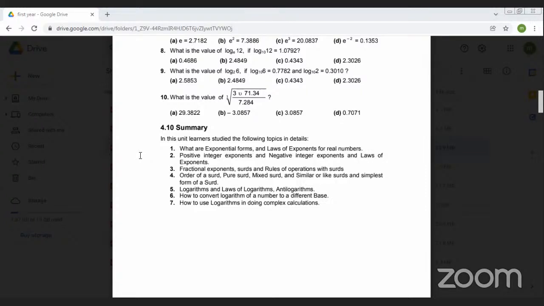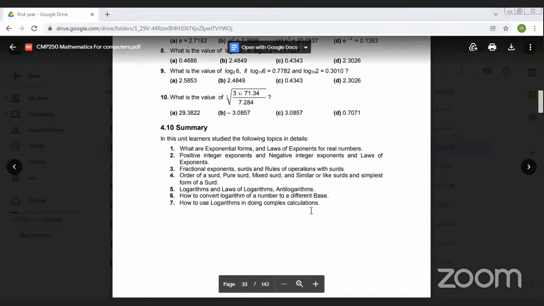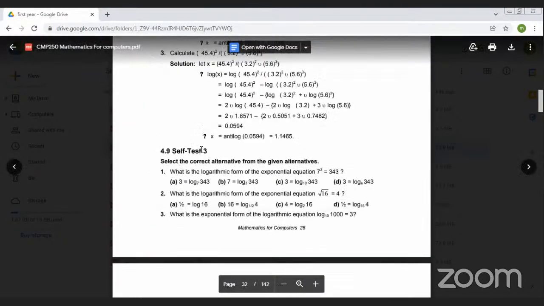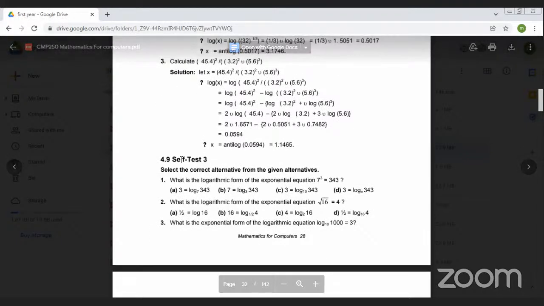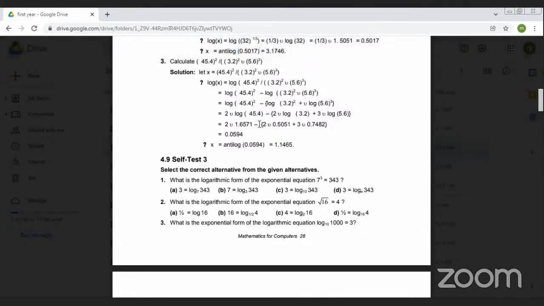Types of surds we studied. After that, log, then laws of log, also anti-log, and how to convert logarithm of a number to a different base, and also to use logarithm in complex calculation. Now for your homework, solve all those self-test series. When you solve it, you will understand they are much easier. If you're having difficulties in solving the problems, you can ask me in the next lecture.